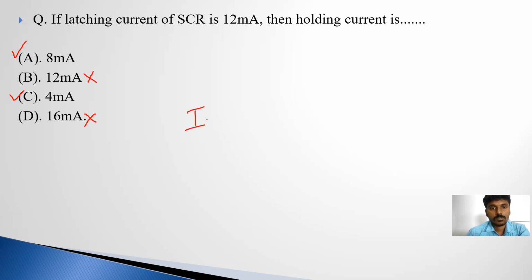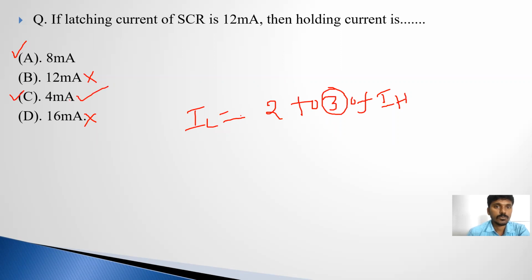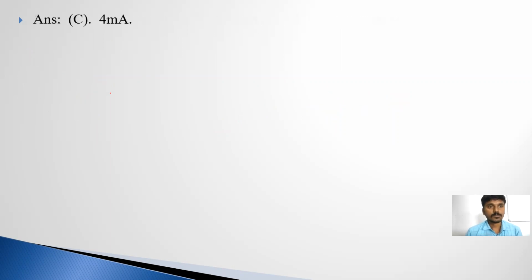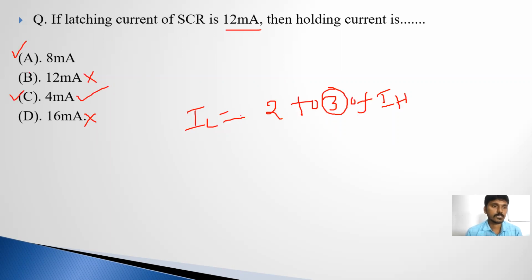Latching current is 2 to 3 times the holding current, IH. Both 8 milliamperes and 4 milliamperes are correct, but since both are given, take the 3 times. So 4 milliamperes is the right answer: 4 into 3 is 12 milliamperes. If 4 milliamperes is not given, we can take 8 milliamperes. Is it okay?